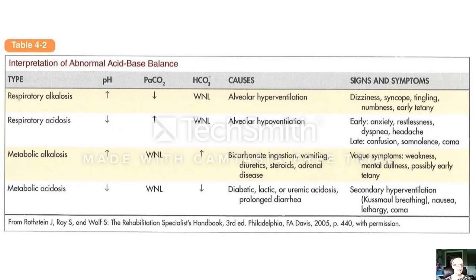With metabolic acidosis, causes can be diabetic, lactic, or uremic acidosis, prolonged diarrhea. Secondary signs and symptoms can be secondary hyperventilation, questionable breathing, nausea, lethargy, and coma.